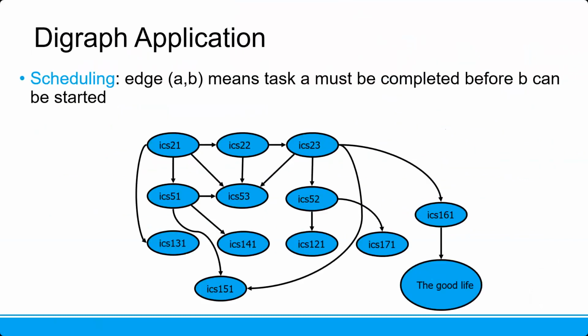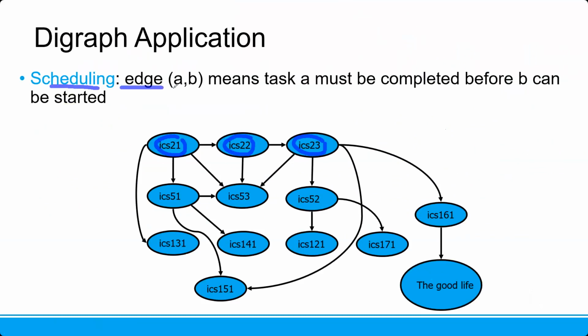There are some applications, for example, in scheduling. Scheduling means you need to follow the flow. I can do ICS 22 after I finish ICS 21. I can do ICS 23 after I finish ICS 22.